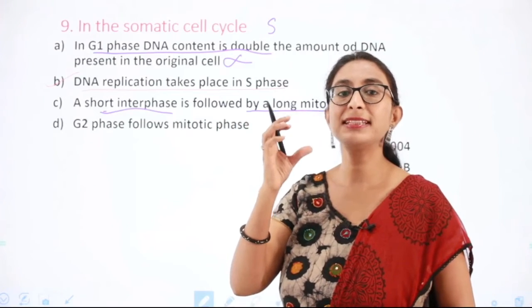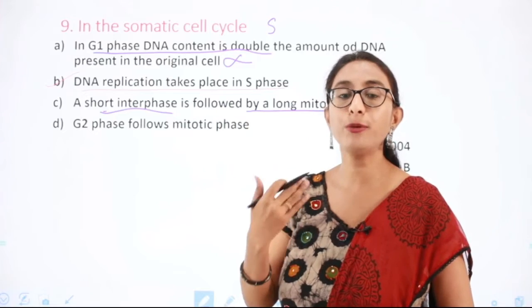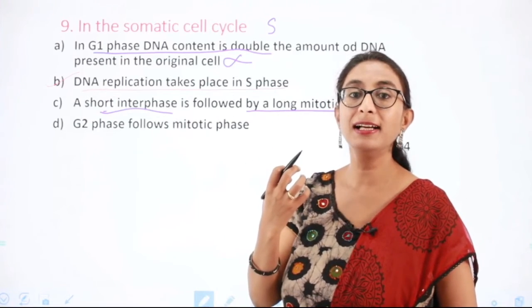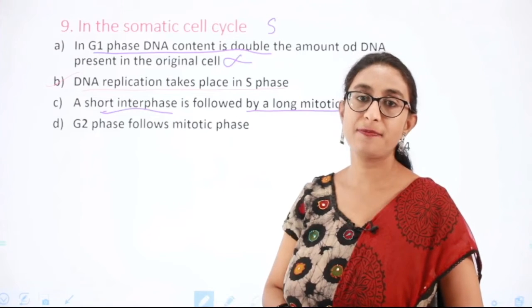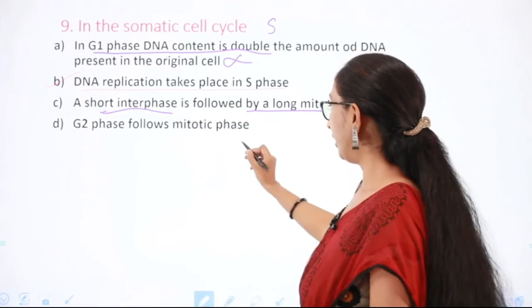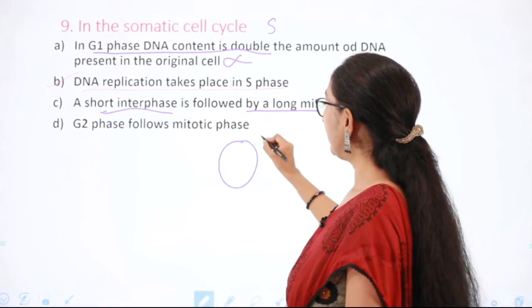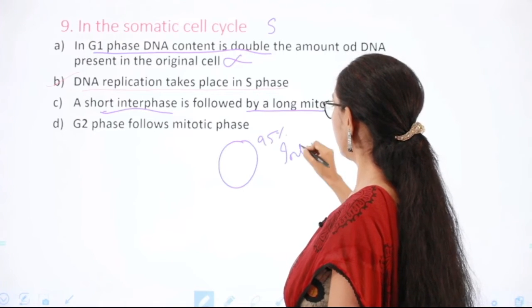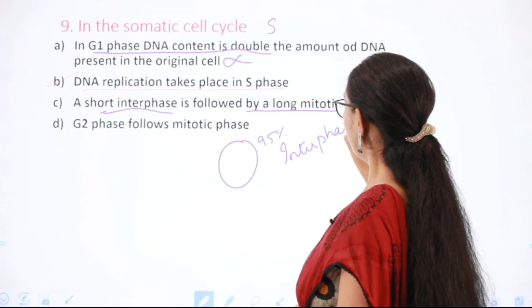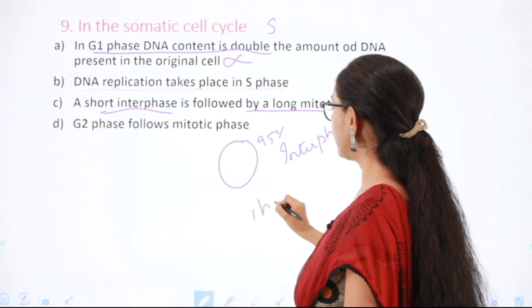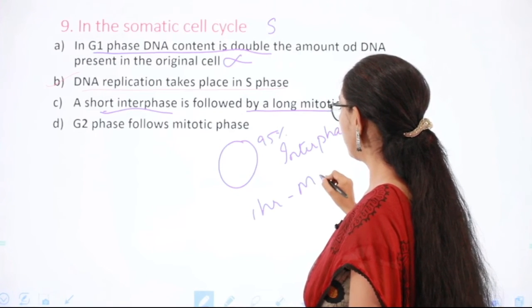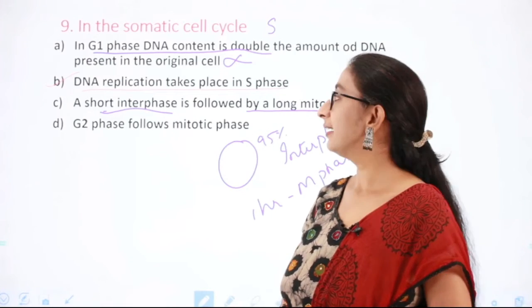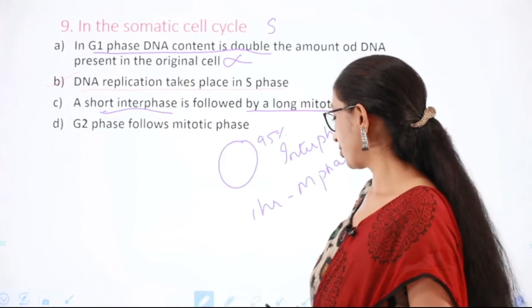Mitosis takes just around 1 hour out of the entire 24 hours, whereas the rest of 95% of the cell cycle, it is the interphase. So out of the entire cell cycle, 95% of the time is taken for interphase, whereas just 1 hour is taken for M phase. So B is the right answer option.